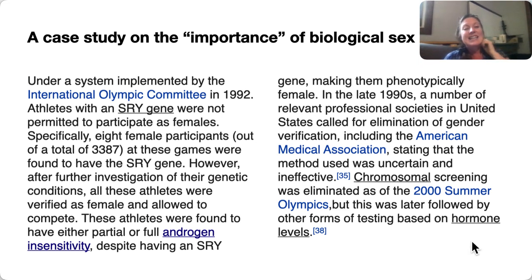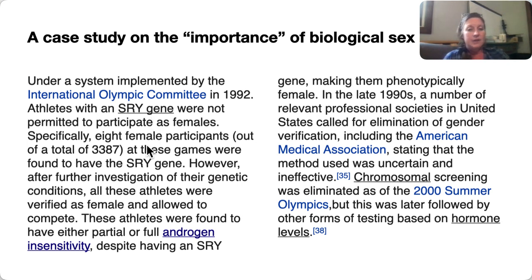Now, I want to present one other thing for you to think about that we will be talking about, and that is a case study on the importance of biological sex, in this case in athletics. So, in 1992, the International Olympic Committee came up with a system for determining sex, and they said that athletes with an SRY gene were not allowed to participate as females.